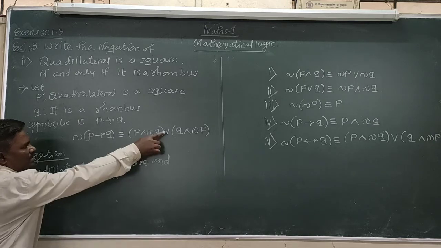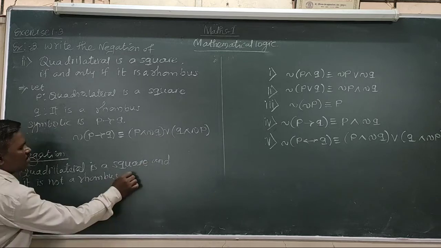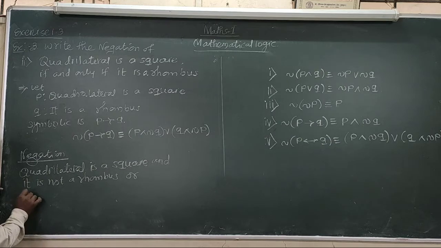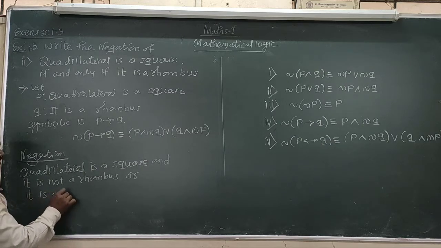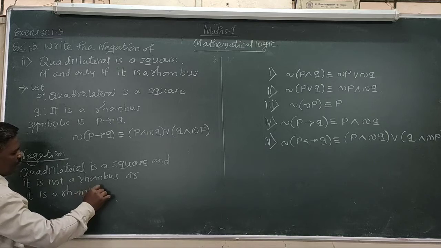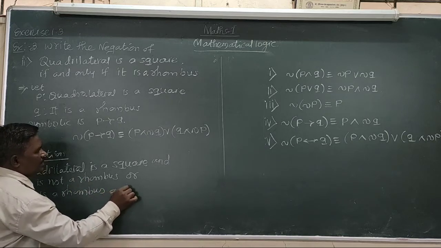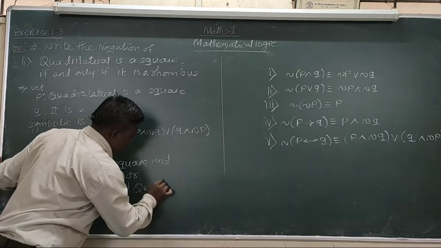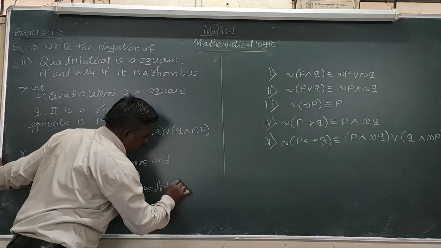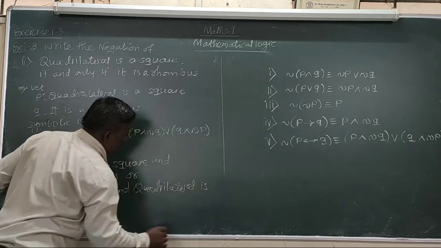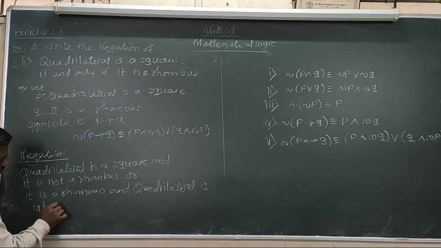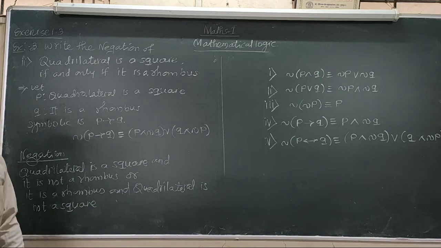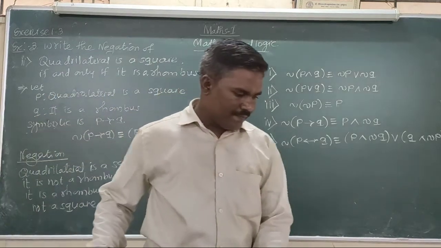Then disjunction, that is or, the second bracket: Q conjunction negation of P. It is a rhombus and negation of P, that is, quadrilateral is not a square. That is the negation of the biconditional statement.